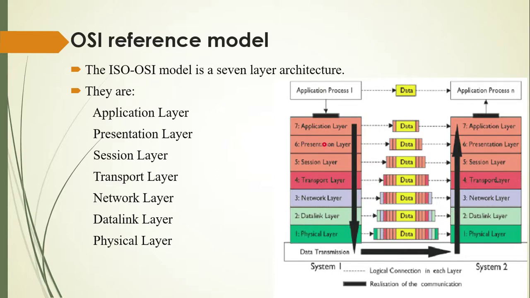These 7 layers have different functionality, and the data is represented in a different form at each and every layer, which we will see later. So here one is the sender and one is the receiver. Each system has 7 layers. Application process 1 has 7 layers, application process 2 has 7 layers.